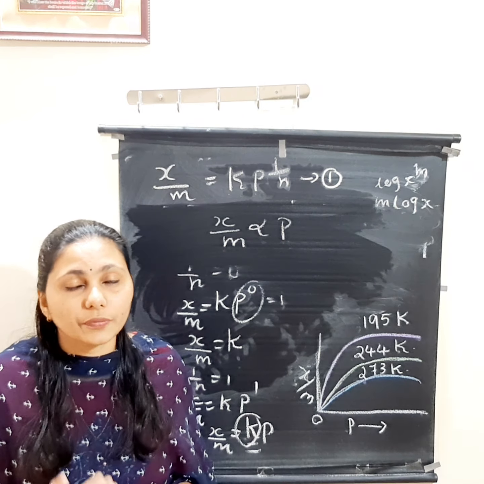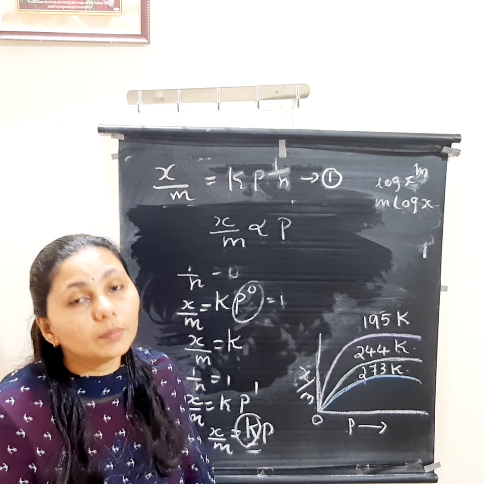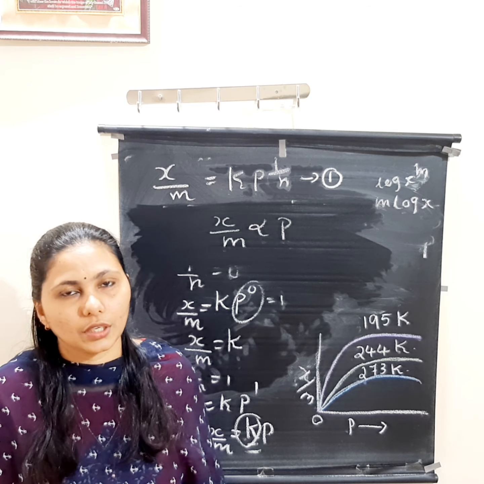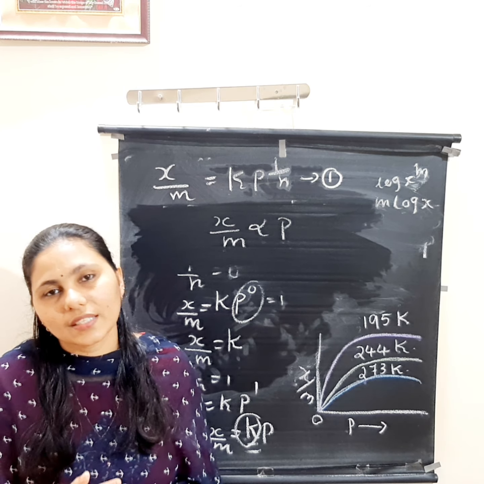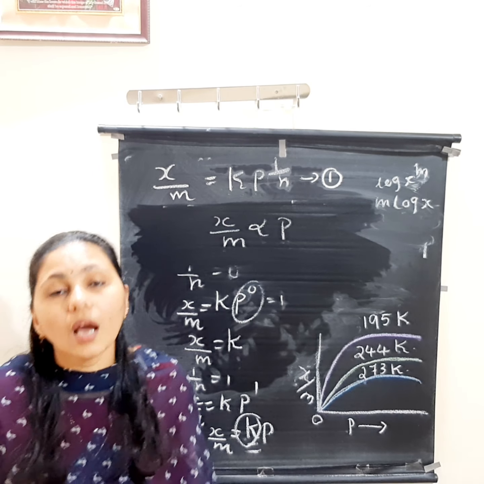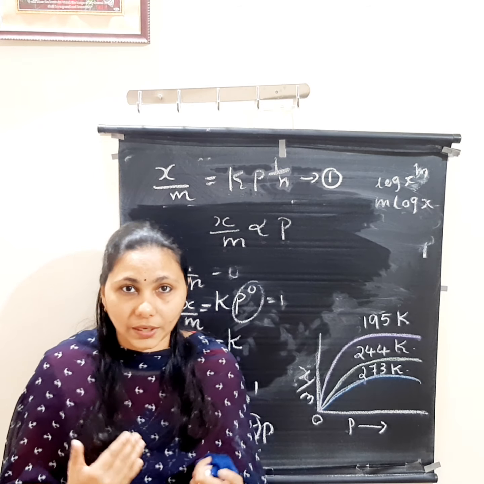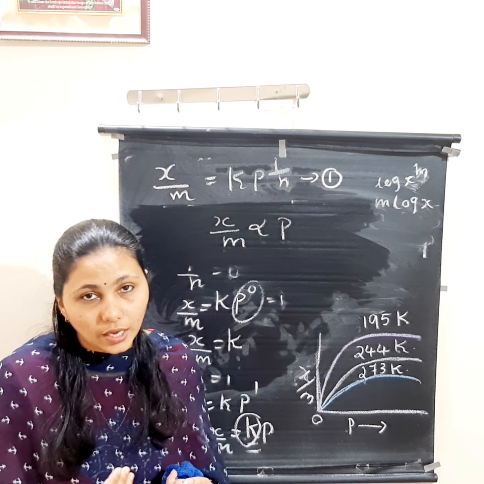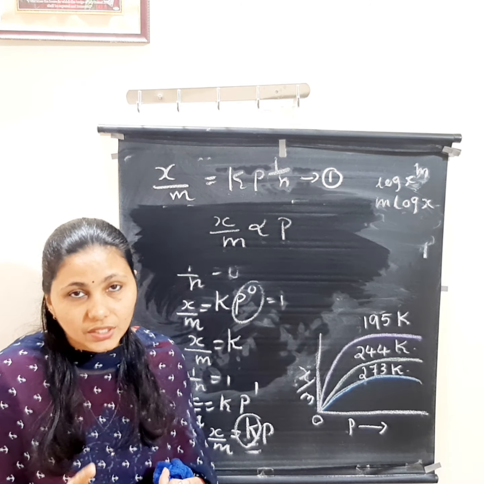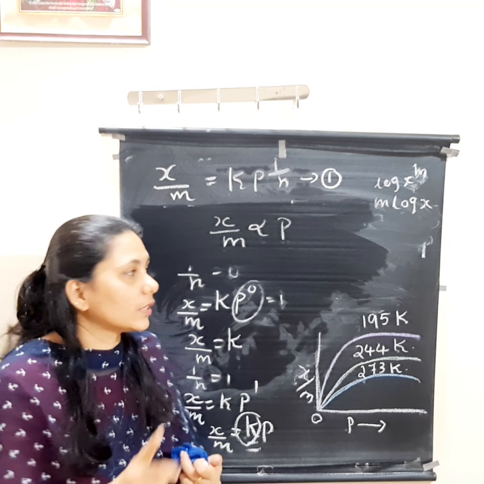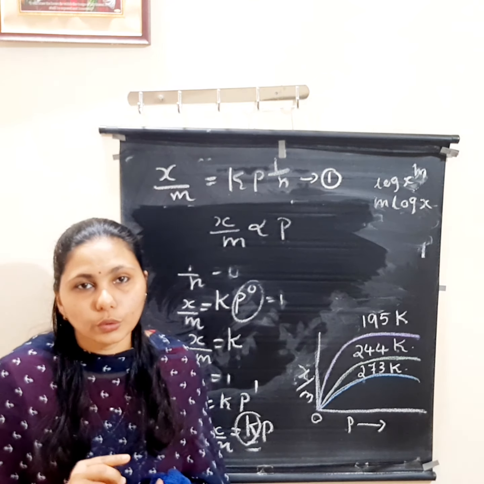So the Freundlich adsorption isotherm fails at high pressure, not temperature, and it fails to explain what is happening to the adsorption at high pressure. Is it clear to all of you what the Freundlich adsorption isotherm and its equation are? Each term you have to explain, and the two graphs, you also have to learn.